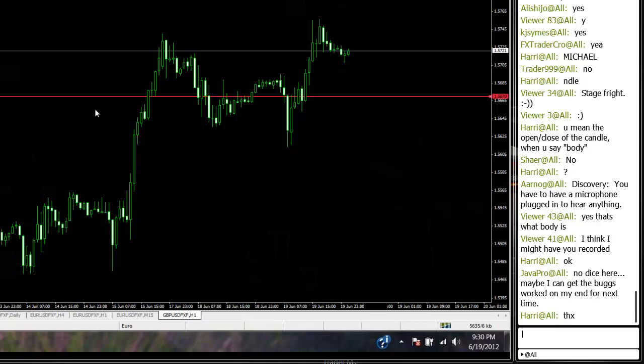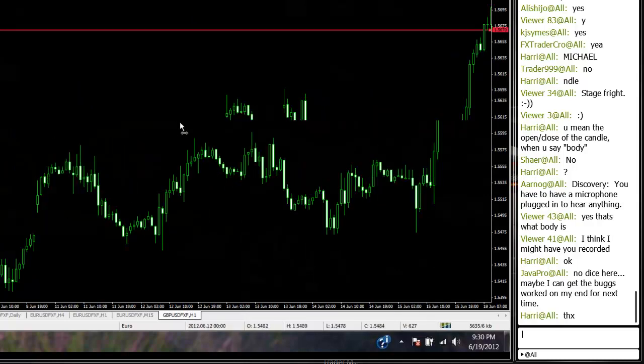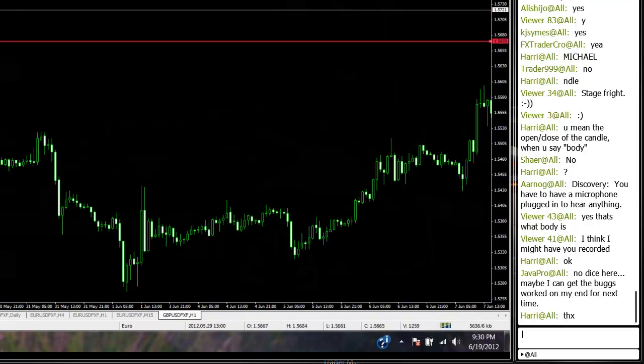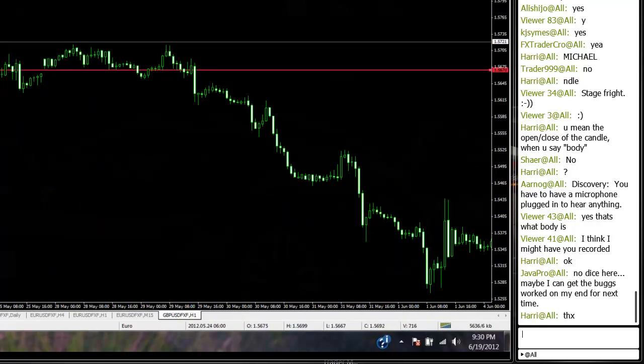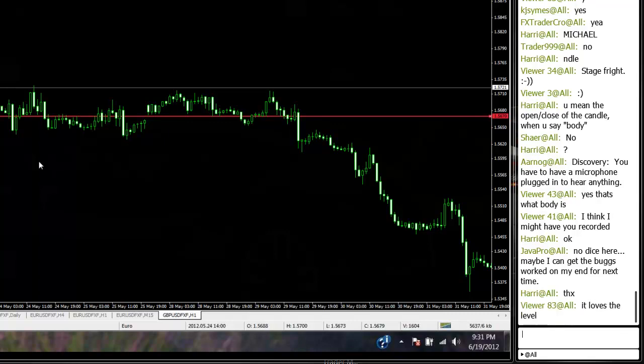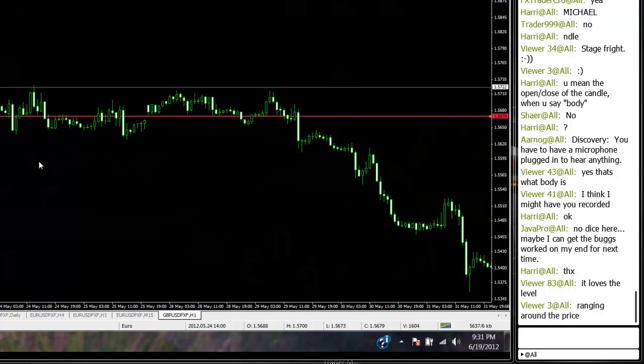Now I'm going to take the scroll off here, and scroll back and see if we had anything given to you at that particular price level. Does anybody notice anything here? It's a lot of clustering around that, yes.